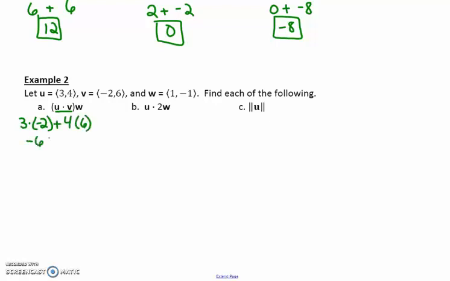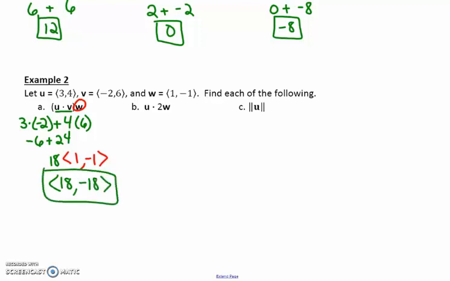So we have negative 6 plus 24. That gives us 18. And then we need to multiply this W, that vector. So we're going to put that back in. And then really all you do is distribute that 18. So you have 18, negative 18. And there's your vector in component form.